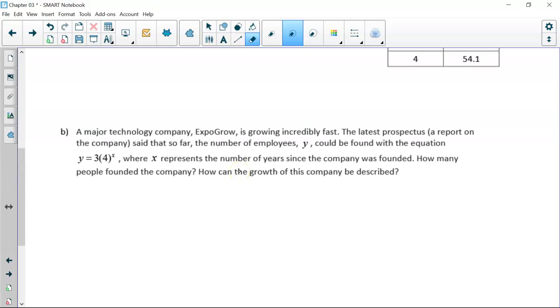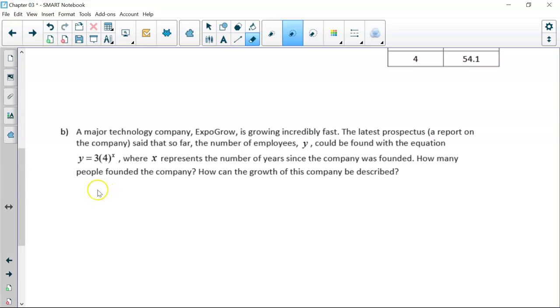So for B, major technology company, Expo Grow, they're growing fast. Y equals 3 times 4 to the x, where y is the number of employees and x is the number of years since the company was founded. How many people founded the company?